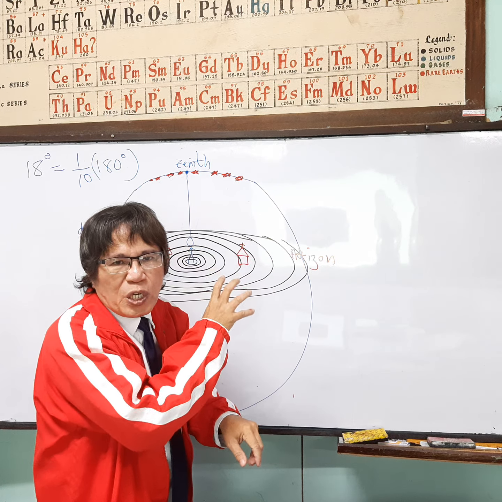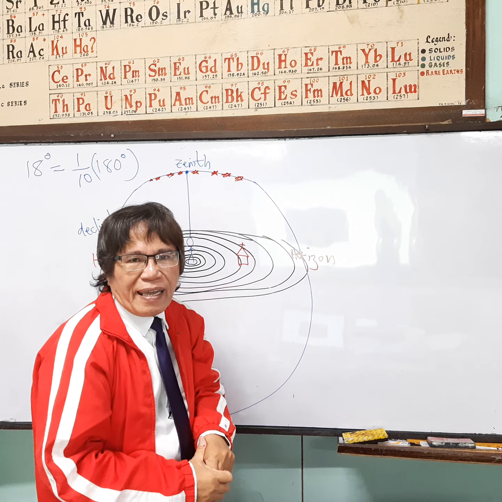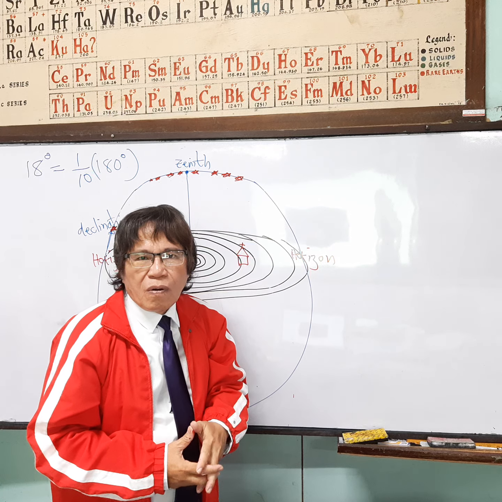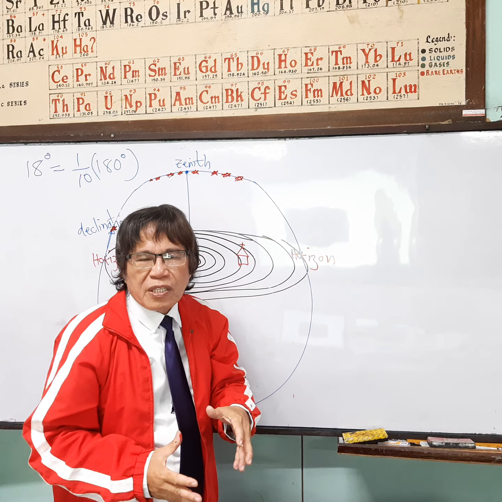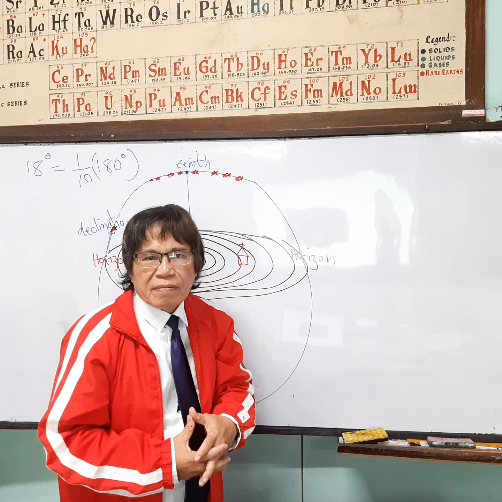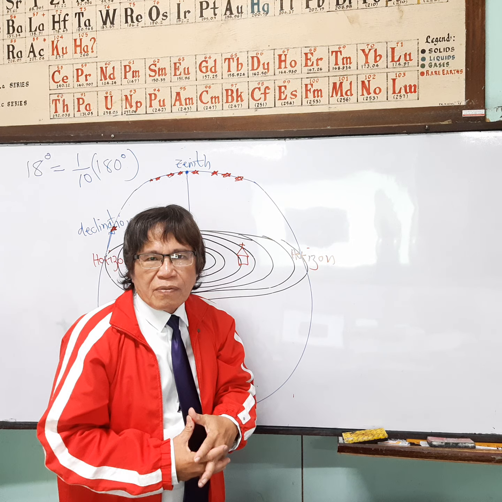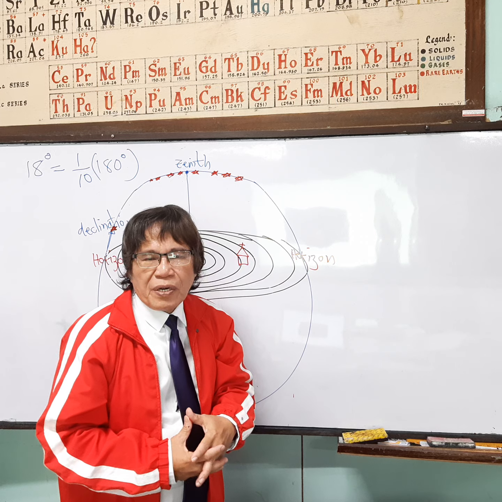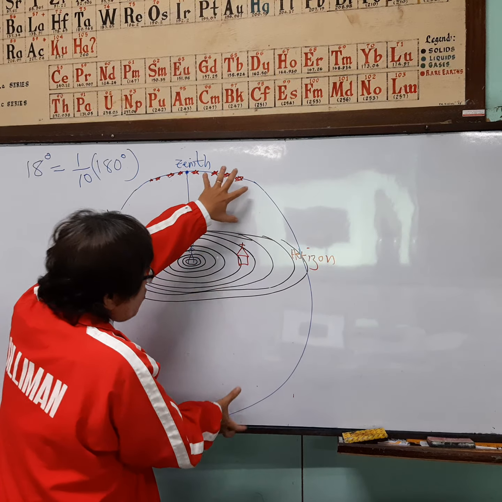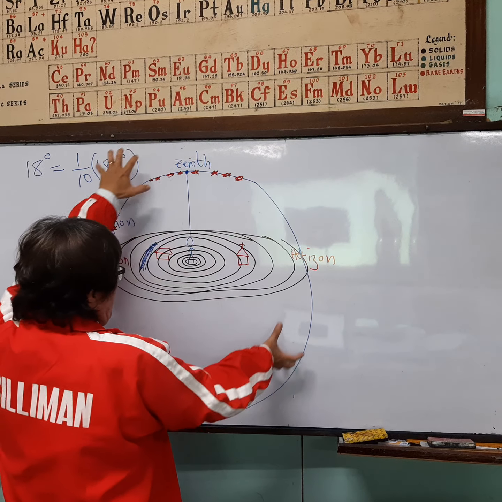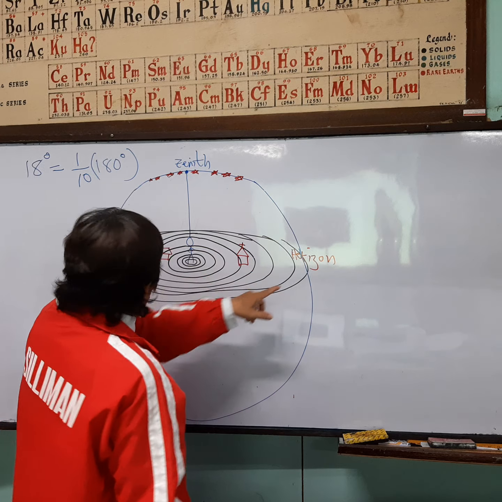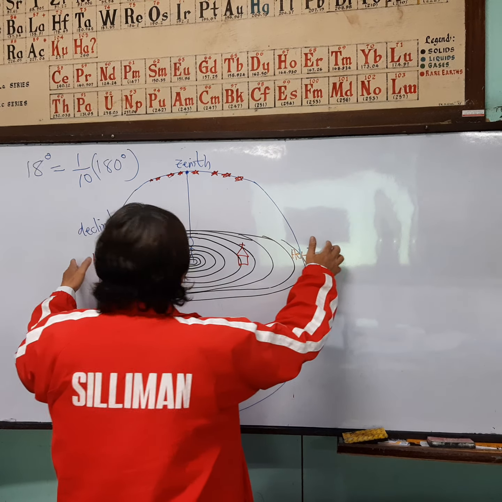The doctrine of geocentricity is telling us that the earth is stationary. All objects, including the sun, revolve around the earth, and one of those that revolve around the earth is this celestial sphere. The stars are moving because the celestial sphere moves. This is the east, this is the west.